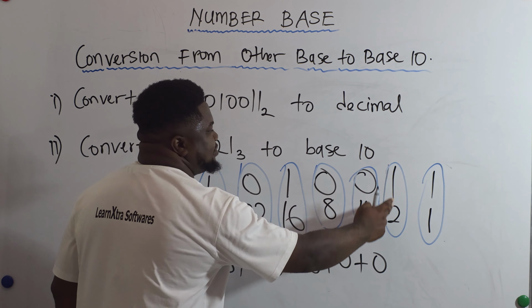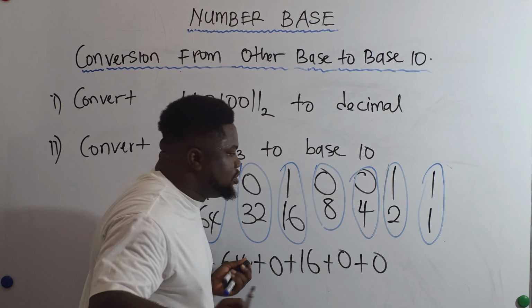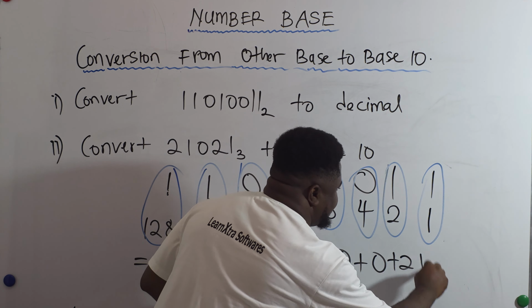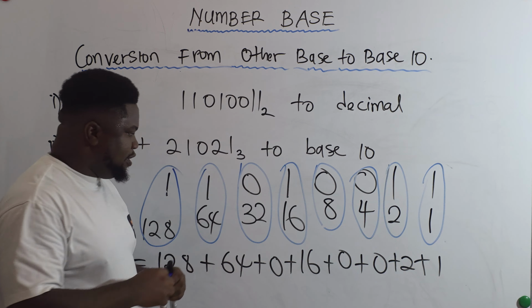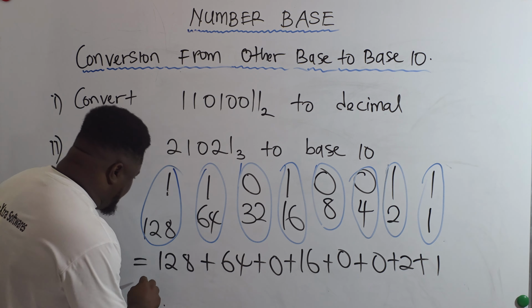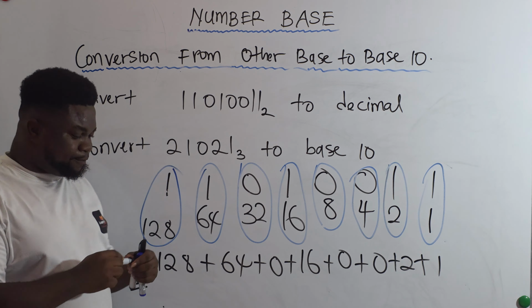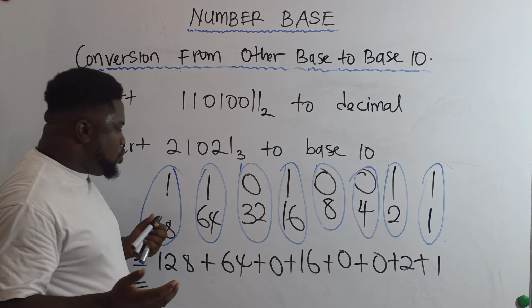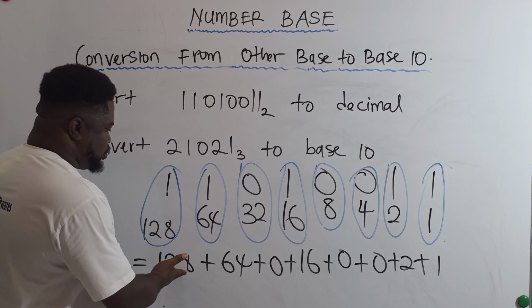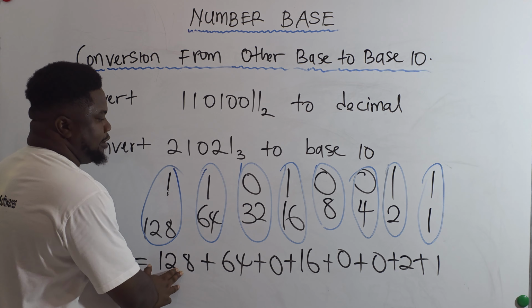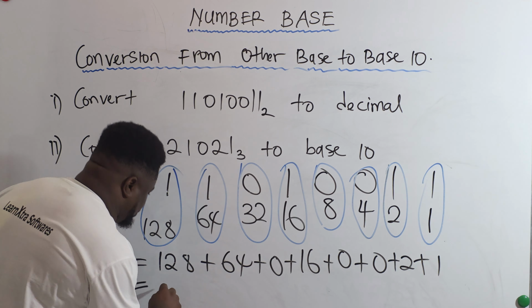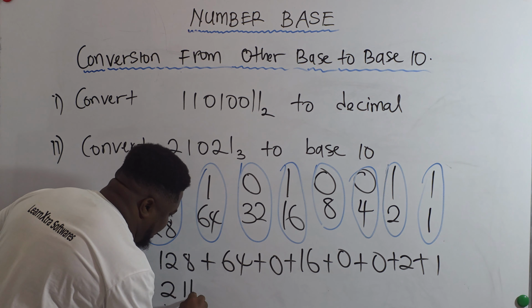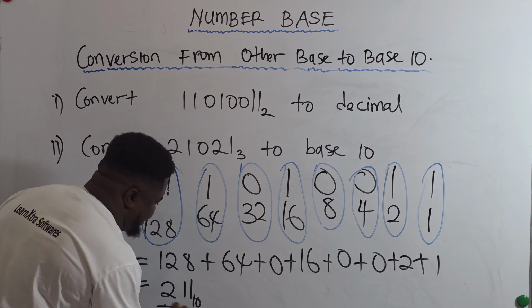Plus 1 times 2 gives us 2. Plus 1 times 1 gives us 1. Very simple. We add all these together, 128 plus this, plus this, plus that, and that is 211 in base 10.